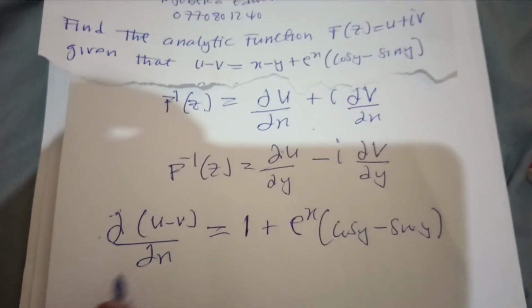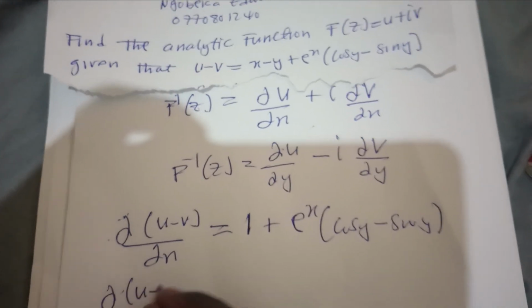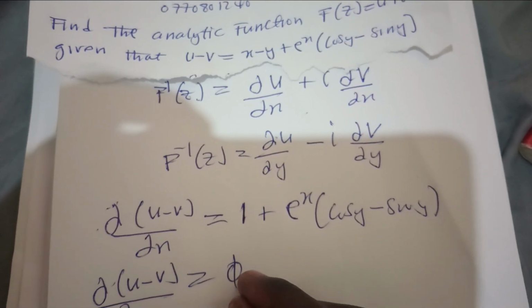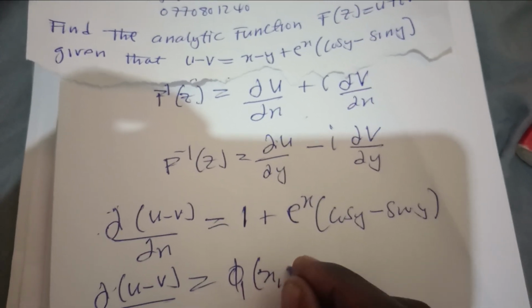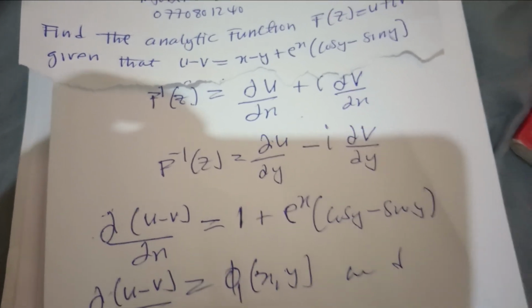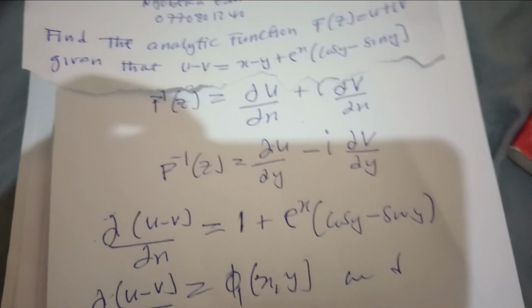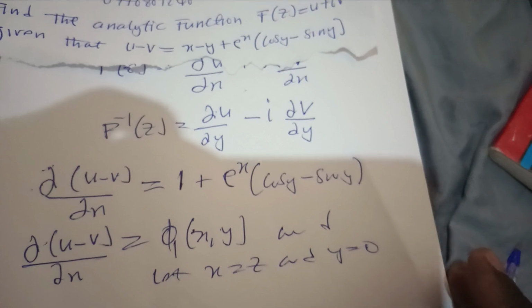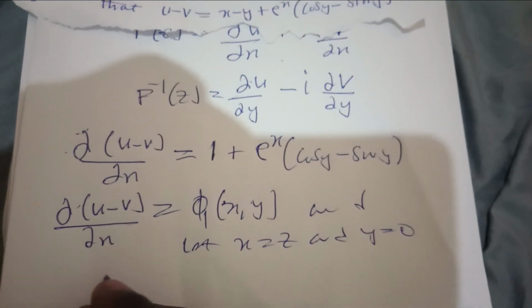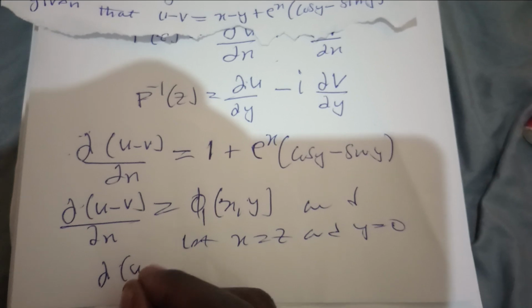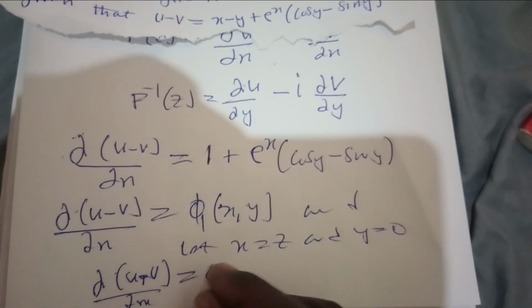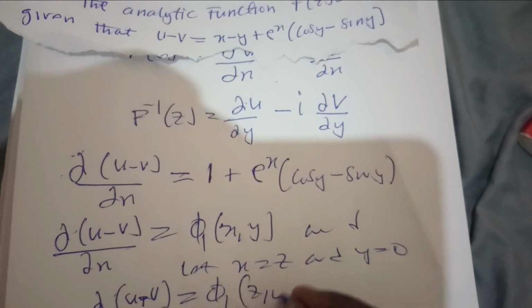Since we know that the partial derivative of u with respect to x is equal to phi 1 of (x, y), let x be equal to z and y be equal to 0. So if we let x equal z and y equal 0, we have du over dx is equal to phi 1 of (z, 0).